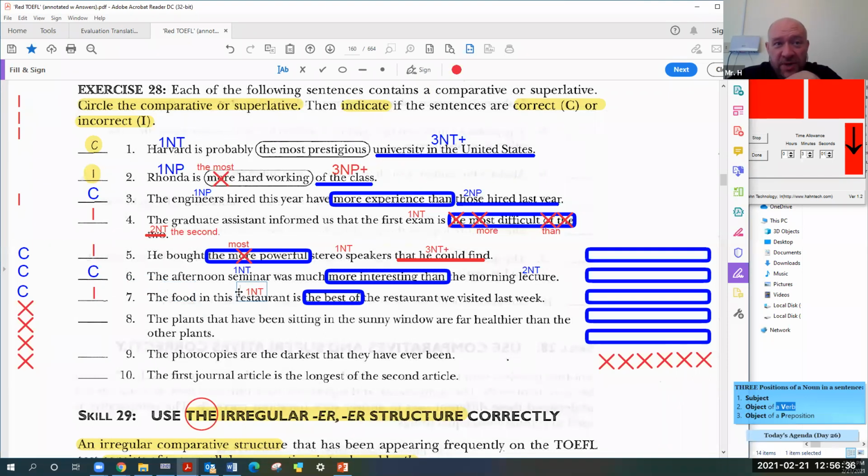Food in this restaurant is better than. Better than, yes. We're only comparing 2 restaurants here, right? The food in this restaurant is better than the restaurant we visited last week. So the problem is here.